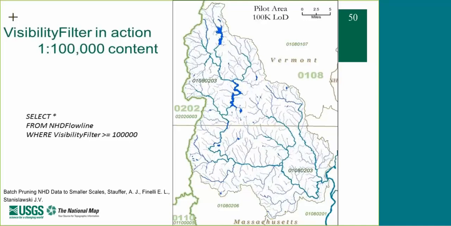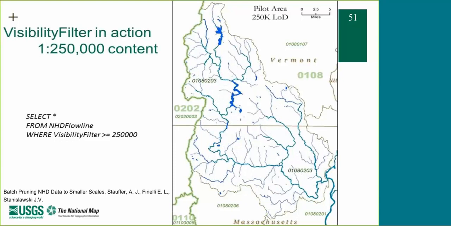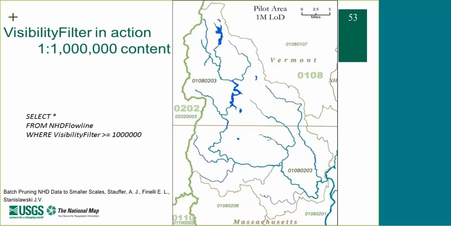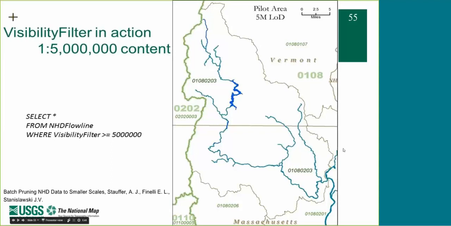If I switch that scale to 100,000, you can see some features start to be essentially removed, but they're not actually removed, they're just not displayed. And then 250,000, 500,000, 1 million, 2 million, and 5 million. So very quick, very easy, a very simple way for you to be able to go in and just query that data and select it for whatever scale you may need.